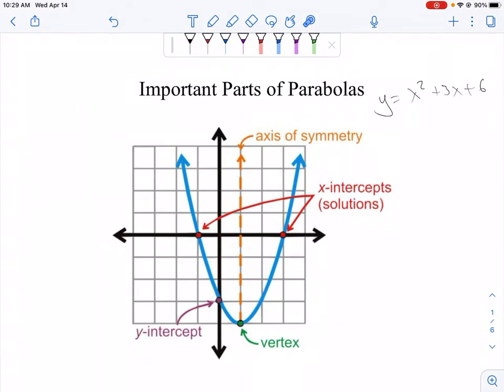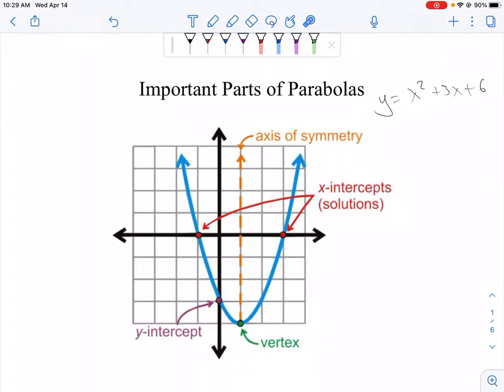And when we graph these, they end up creating what we call a parabola, which is this U shape. And there are some important parts of the parabola. The x-intercepts are where they cross the x-axis. And because the parabola makes a U shape, it crosses the x-axis at two places.